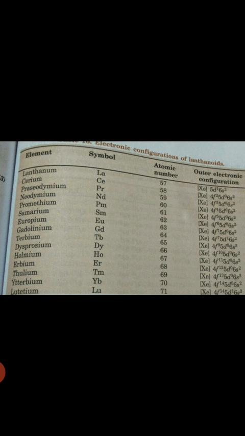The single 5d electron shifts to the 4f subshell in all cases except in gadolinium, where such a shift gives a symmetry of half-filled 4f subshell, and in lutetium, Z equals 71, where the 4f subshell has already been completely filled up. Generally, the one electron will jump to the 4f subshell, except in gadolinium, where it remains 5d1, and then you can see in case of lutetium. Right, students? Now, get this electronic configuration noted down in your notebook.